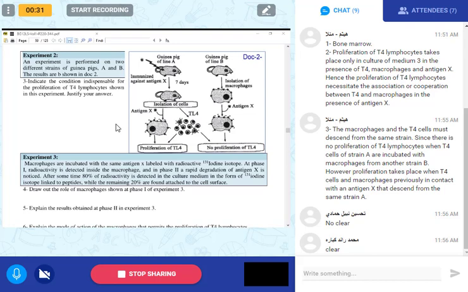Yes. Okay, containing the isotope. Yes. Then it is digested inside. Then 80% of the remaining is released out, while 20% remain attached to the surface of the macrophage.